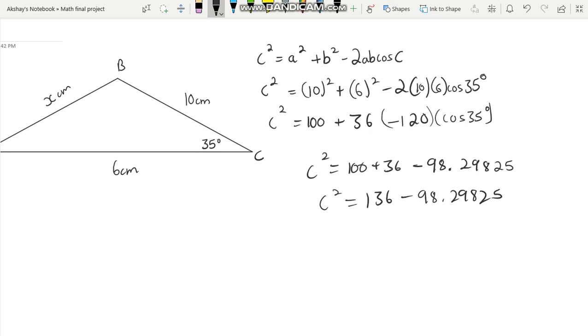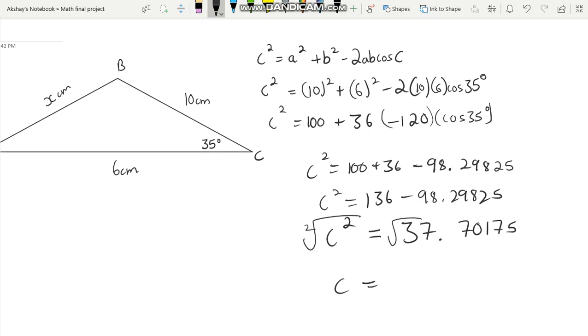So 136 minus answer there. And now I know c squared is equal to 37.70175 approximately, that is. Find the square root of both, so I can isolate my x.